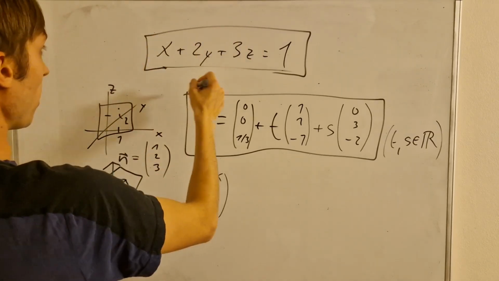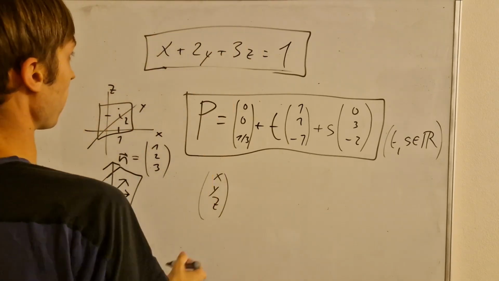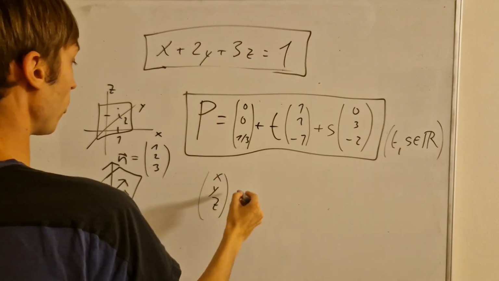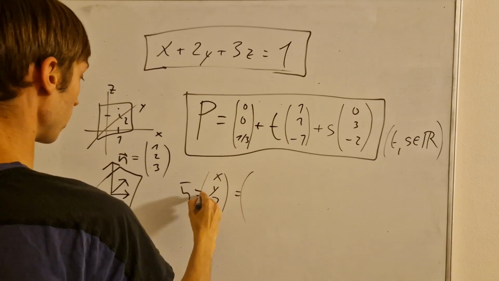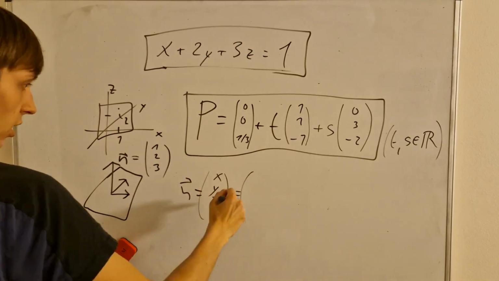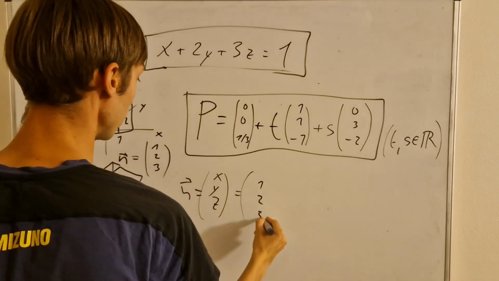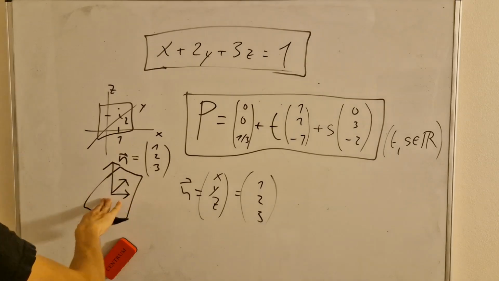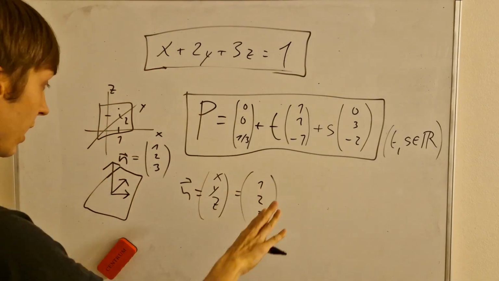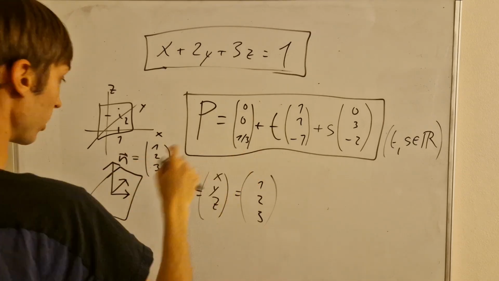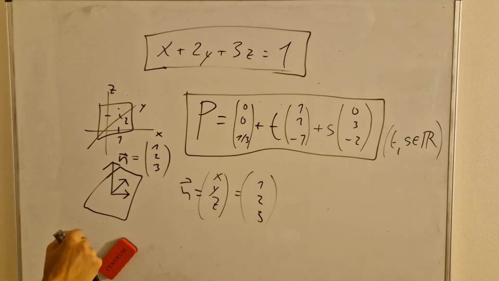Alright, so x is multiplied by 1, 2 is multiplying y, 3 is multiplying z. Therefore, the normal vector is that 1, 2, 3, the one we used. The one perpendicular to the plane, and therefore any vectors that lie in the plane must be perpendicular to the vector 1, 2, 3.